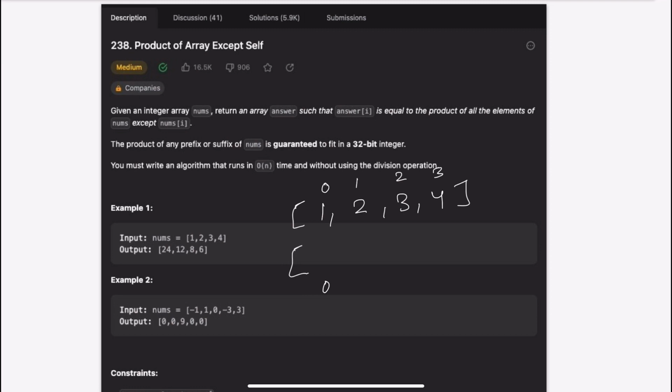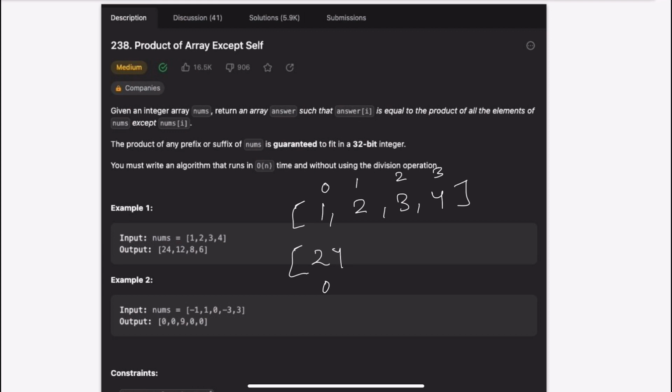So what do we mean by that? If I want the answer on this position, I have to ignore the element on the 0th position and multiply all the numbers which are left. So 2, 3 and 4 are left. Now I multiply these and I get the answer on this position. So the answer would be 2 into 3 into 4, which is 24, right?